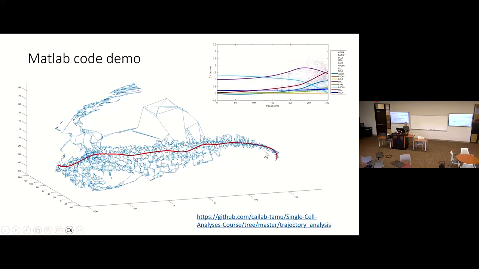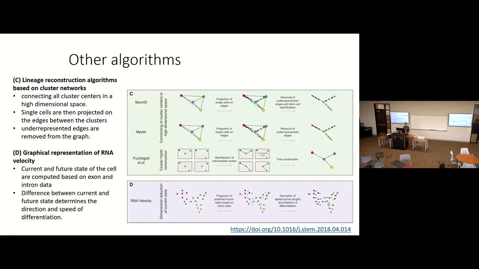Once you have this, you can find the genes which either increase along a trajectory from one end to another, or the downregulated genes. This function is available in the toolbox.